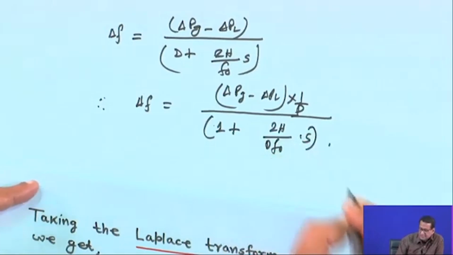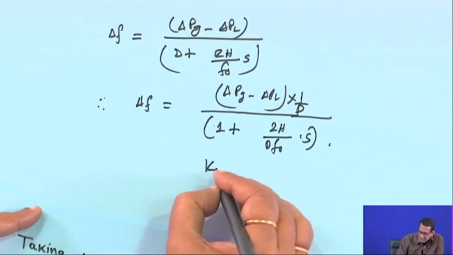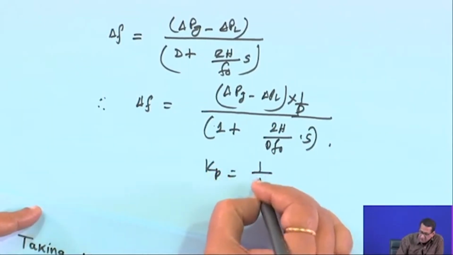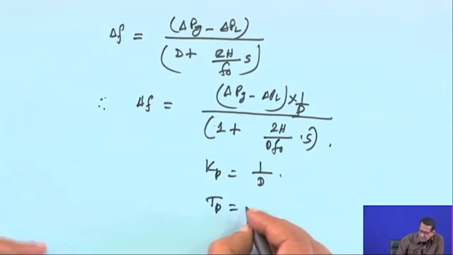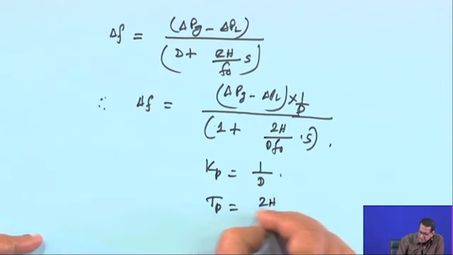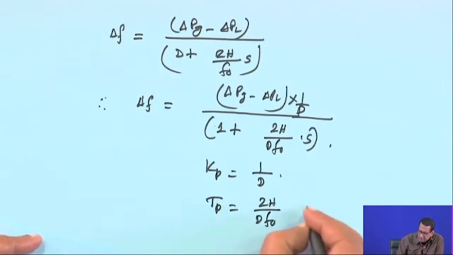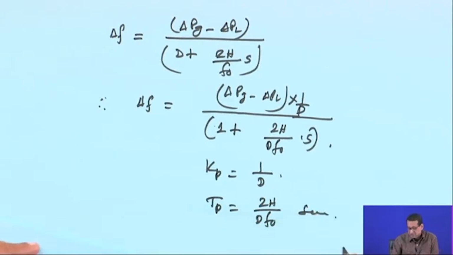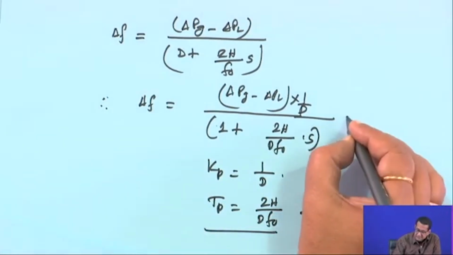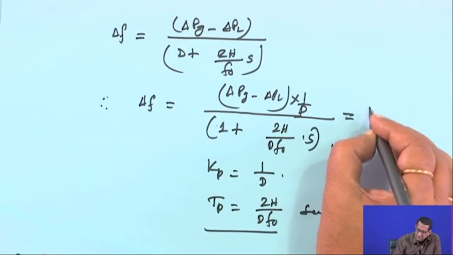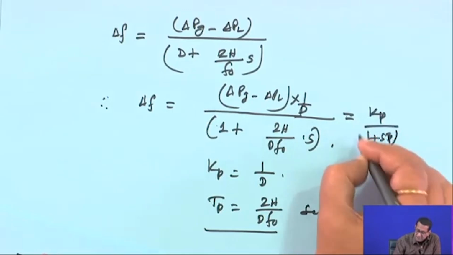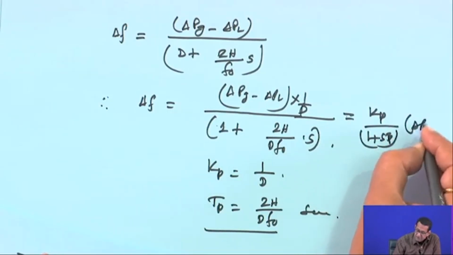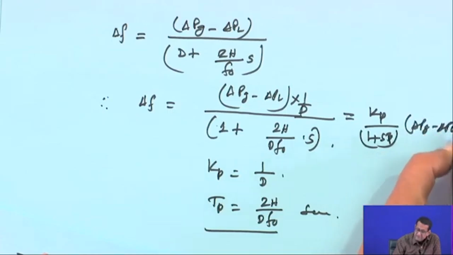d f0 into s. You define Kp is equal to 1 upon d, and Tp is the power system time constant, 2h upon d f0, which will be in seconds. If you define this, then this equation becomes Kp upon 1 plus sTp into delta Pg minus delta PL.